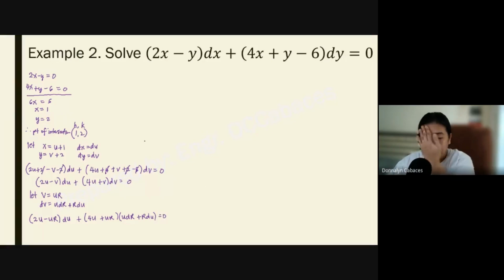Then now we simplify. We multiply the terms of the differential equation and let us see, when it is homogeneous, we arrive at an equation that should be a variable separable equation. So let us simplify.